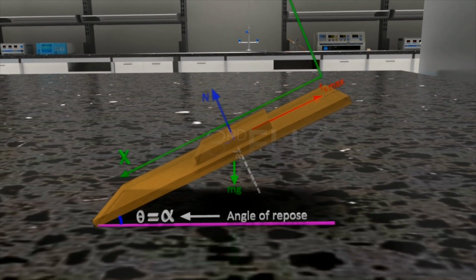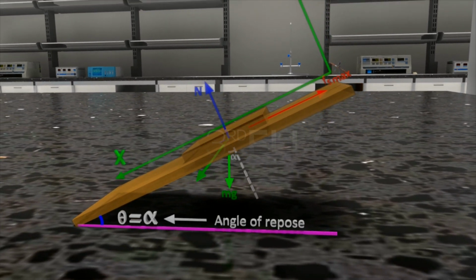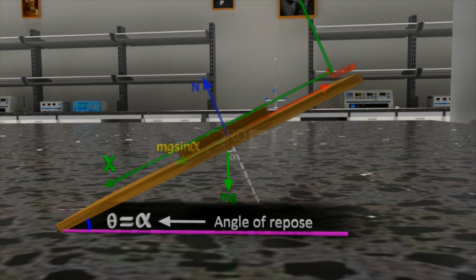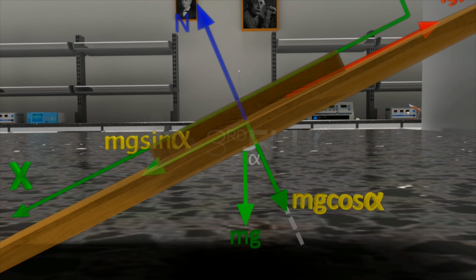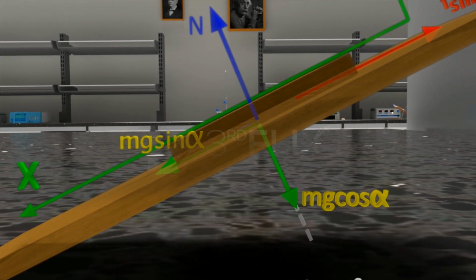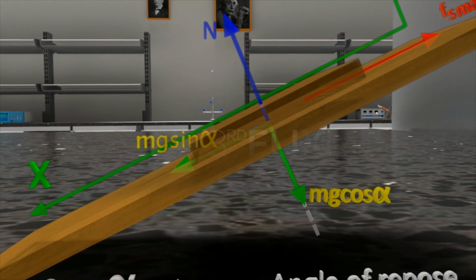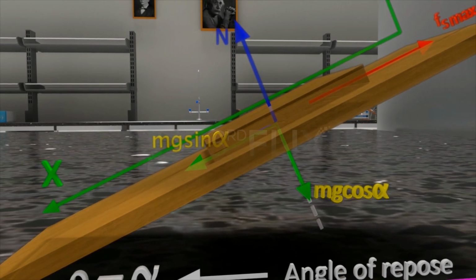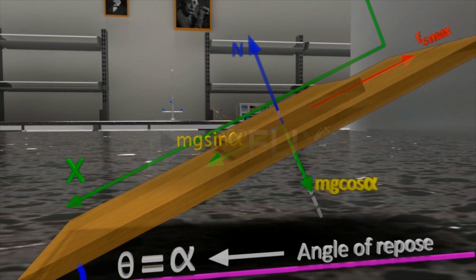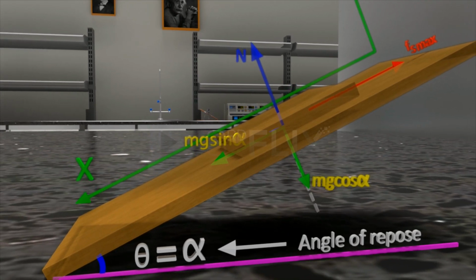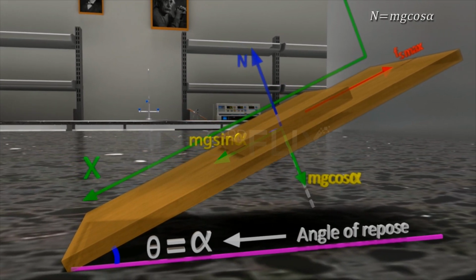The components of the gravitational force are mg sin alpha along the x-axis and mg cos alpha along the negative y-axis. Normal reaction N is balanced with mg cos alpha.